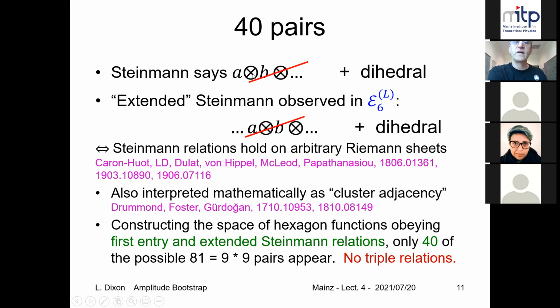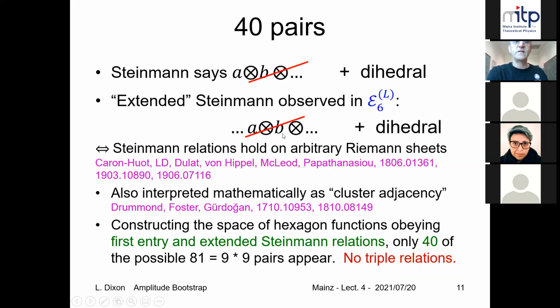That's how you extract this double discontinuity at symbol level. So if A is followed by B and then anything else, those should all vanish, plus the 5 other dihedrally related conditions.